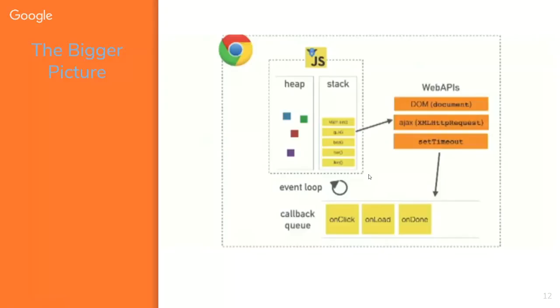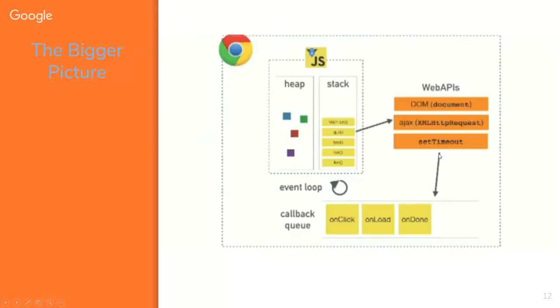So we have the V8 runtime here. We studied that in the last slide. But then we have these things called web APIs, which are extra things that the browser provides us. Here you can see the DOM is located in the web APIs, AJAX, the HTTP requests, and setTimeout. In the last slide, we said that they're not in the V8, and here we find out that they are indeed in the web APIs.